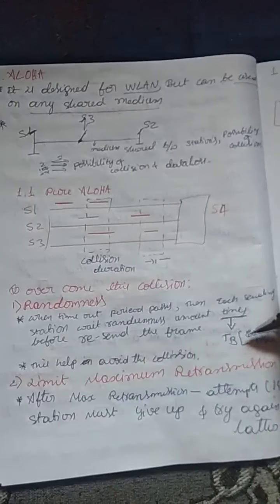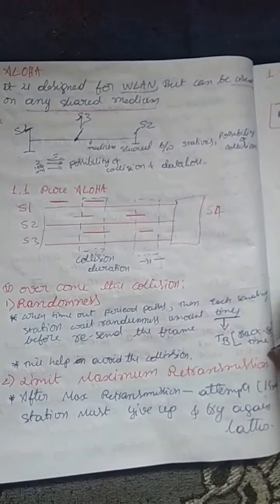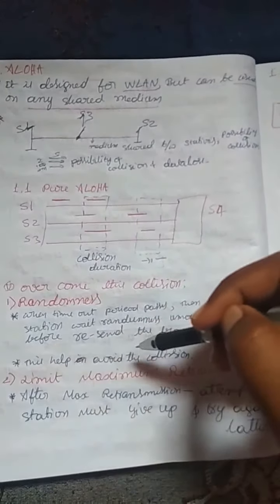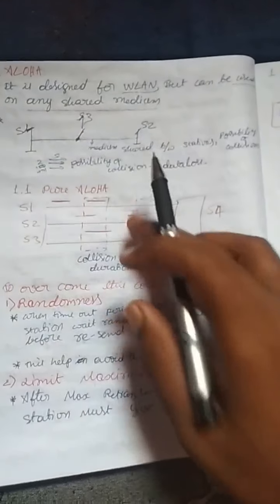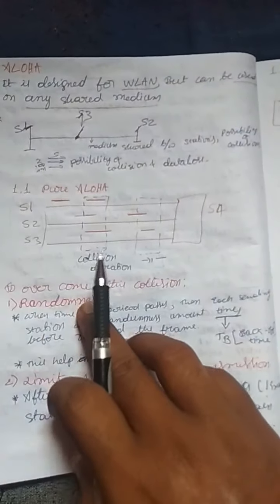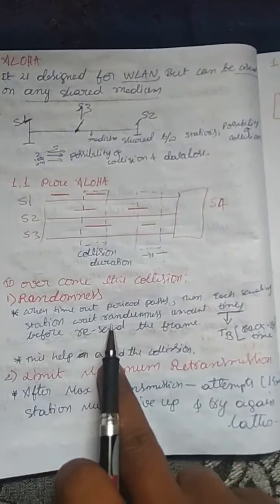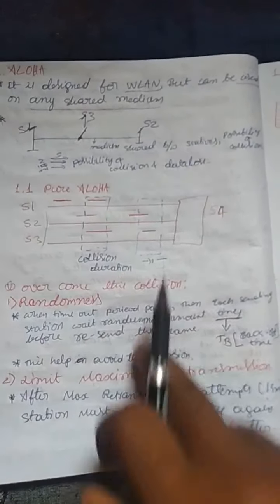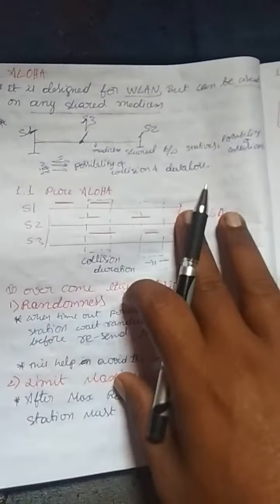That time is called back-off time. This helps in the avoidance of collision. We send the data and set the timer.